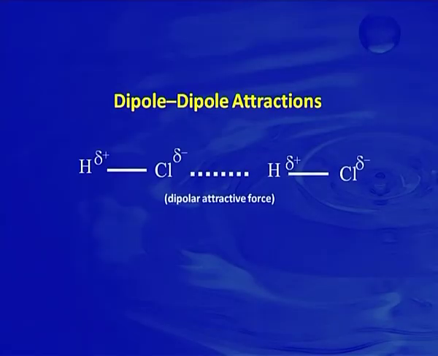Although dipole-dipole attraction is weak in comparison to a covalent bond, it is stronger than London forces. Here are two molecules of HCl, H having the partial positive charge and Cl having the partial negative charge, and the attraction between chlorine and hydrogen is known as dipole attraction force.